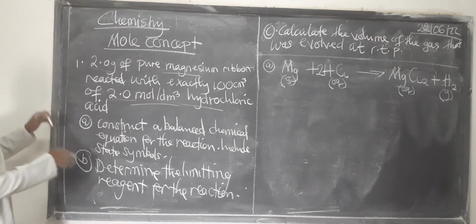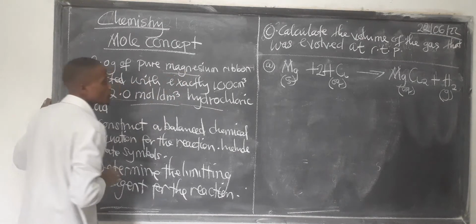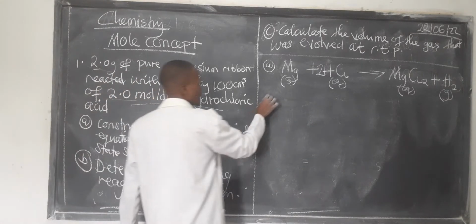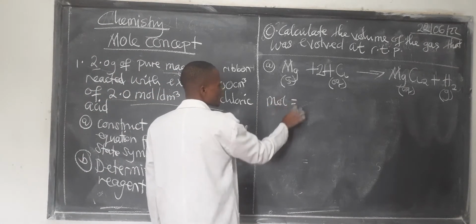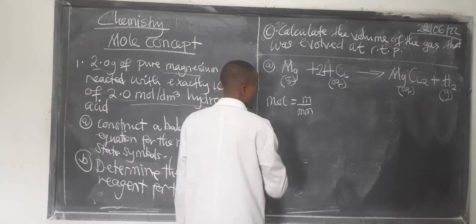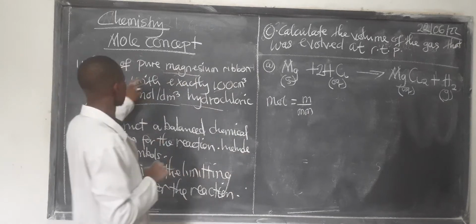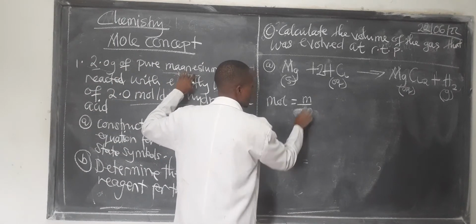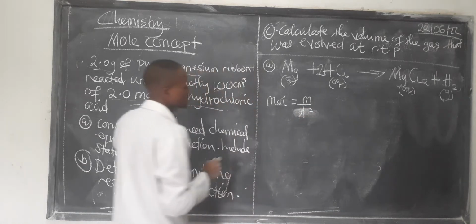In this case, this mass is for magnesium ribbon. So calculate the number of moles for magnesium. So we say number of moles is equal to mass of a substance over the molar mass of a substance. In this case, since this is an element, we can just say atomic mass.